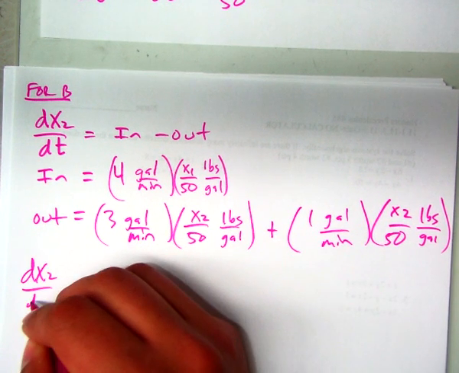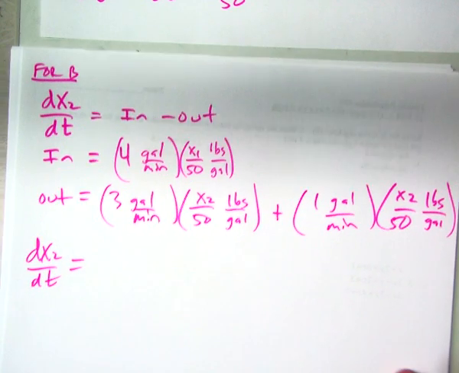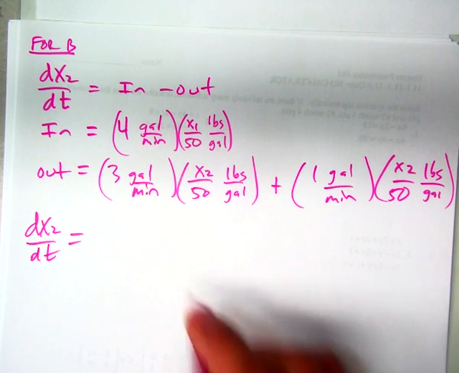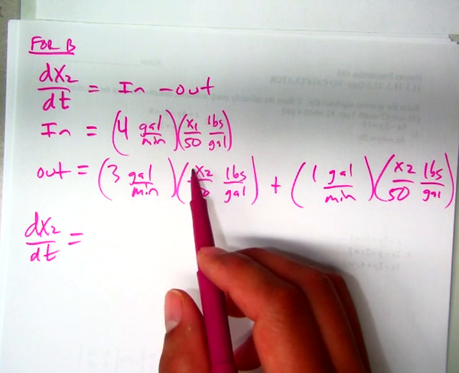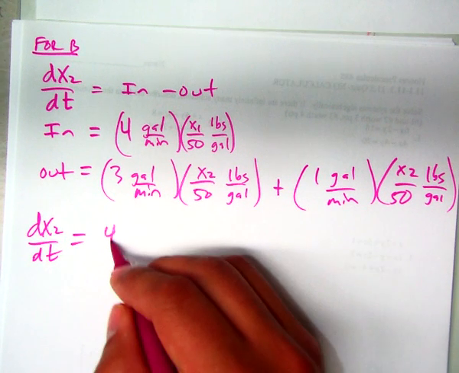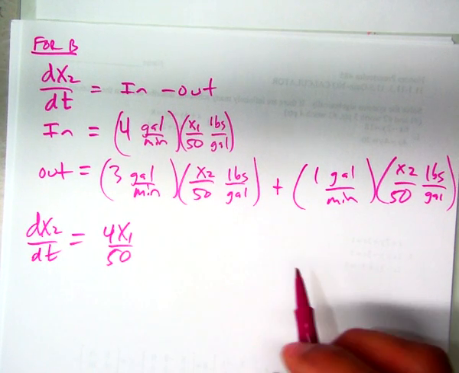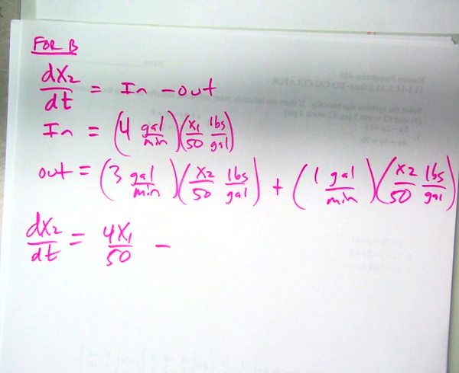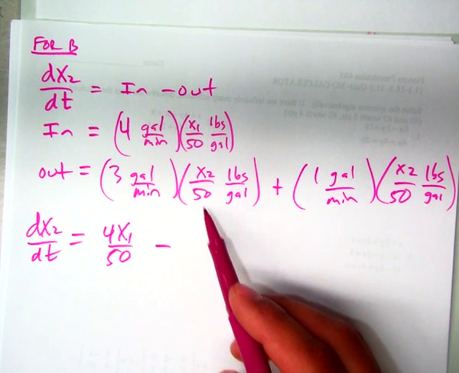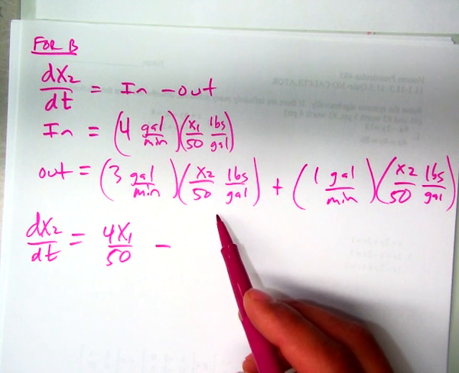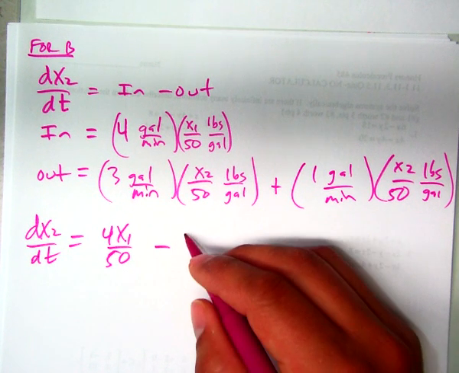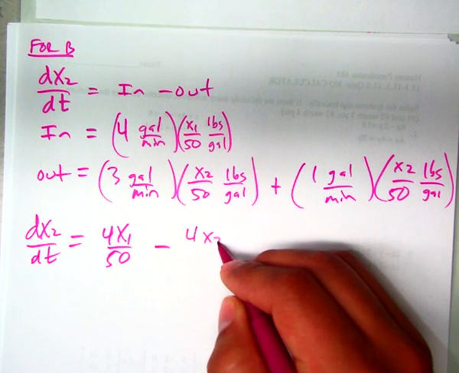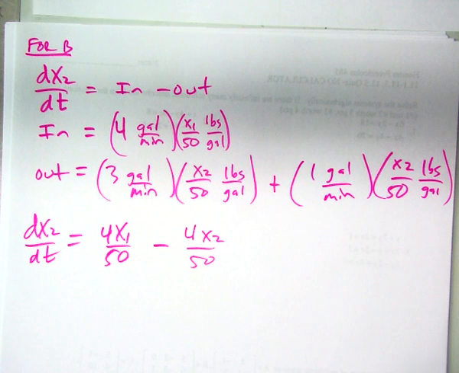So dx2 dt, just simplify: in, we have 4x1 over 50. Out, we have 3x2 over 50 plus 1x2 over 50, so that's minus 4x2 over 50.